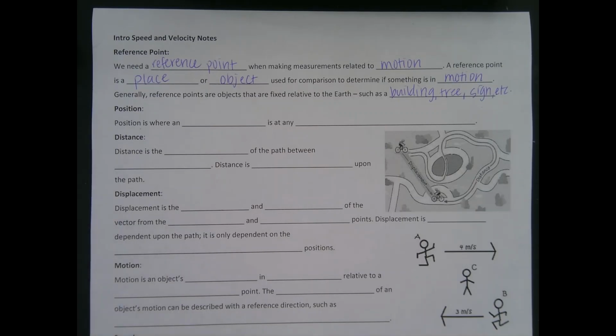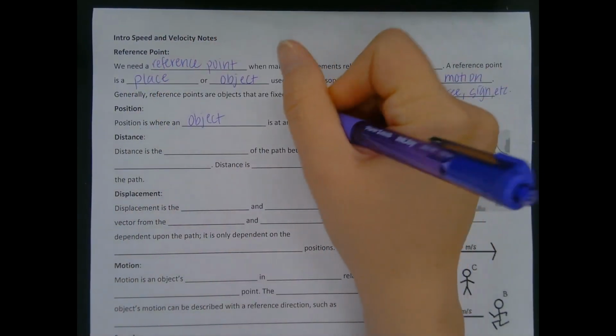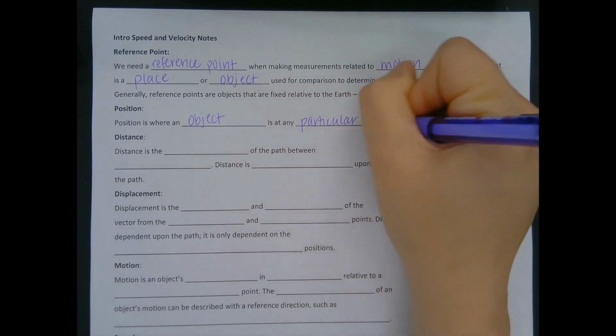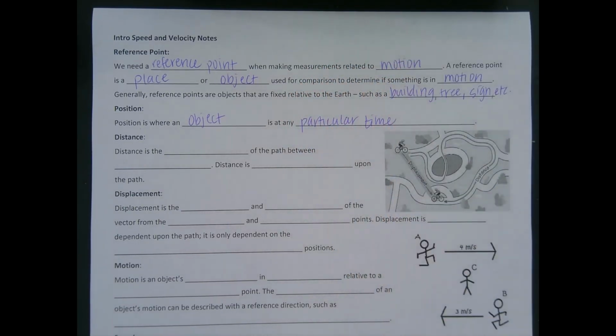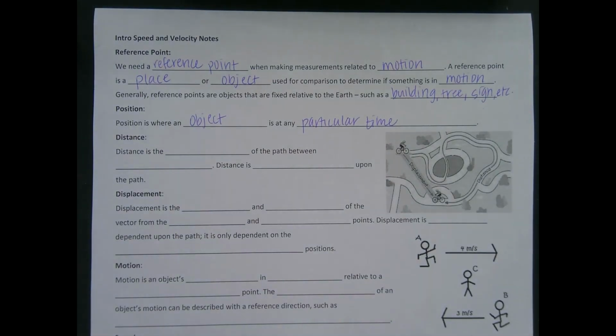Okay, so then what is a position? A position is where an object is at any particular time. So position can change, but in that moment, where is that object? And that is a position.